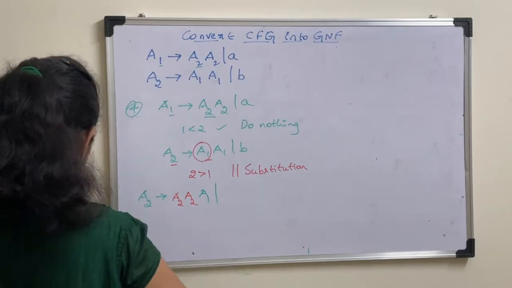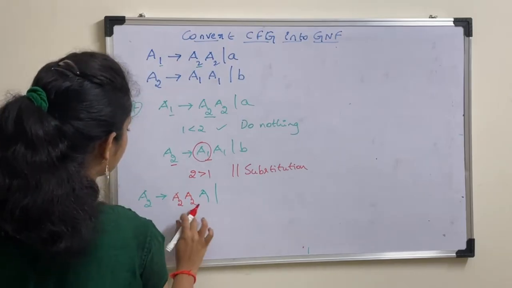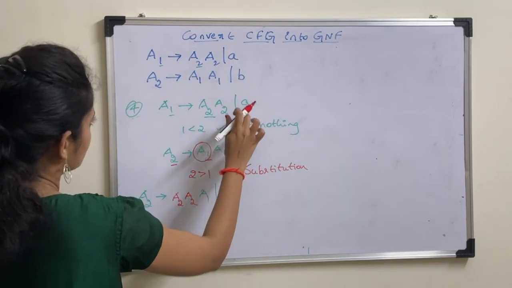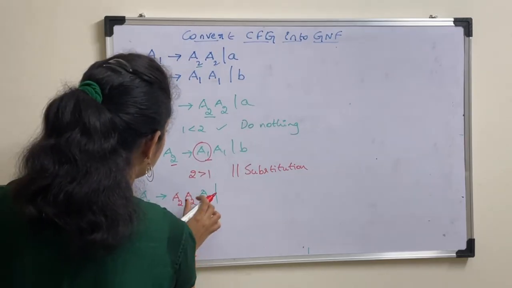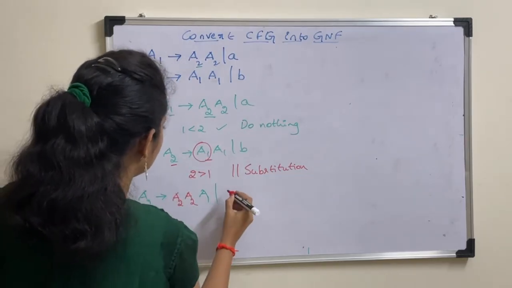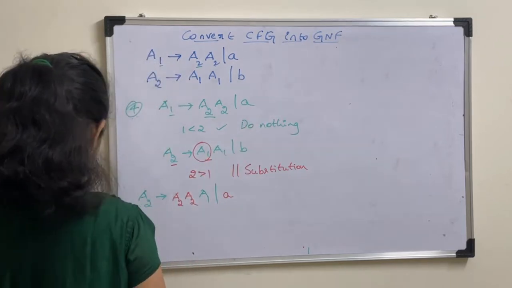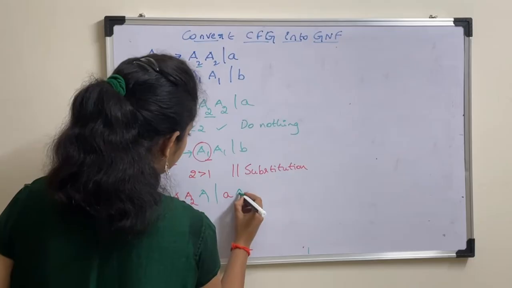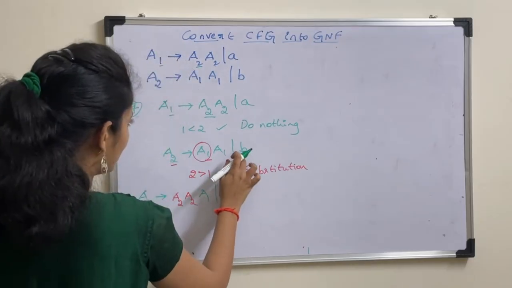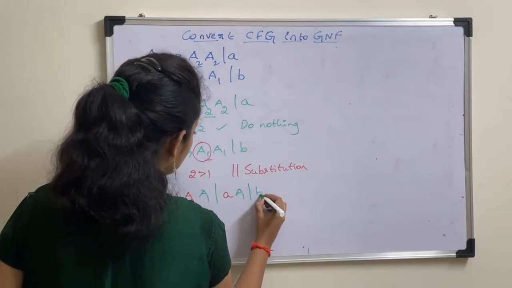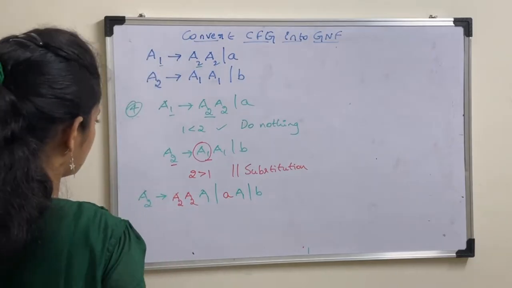Next, here also, in place of A1, take small a and write the second A1 as it is. We have one more non-terminal symbol, so you can write it as it is.